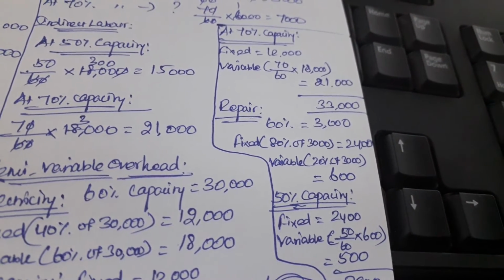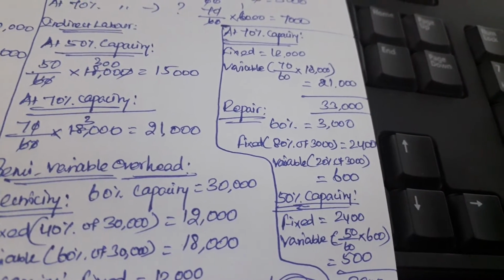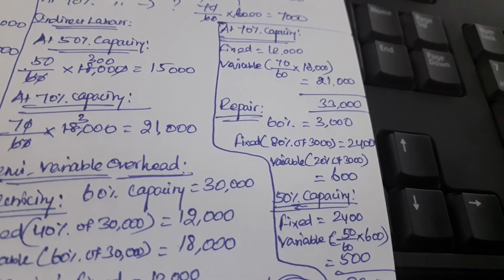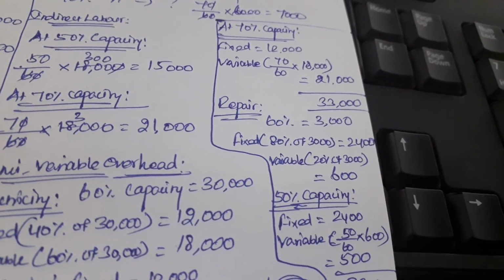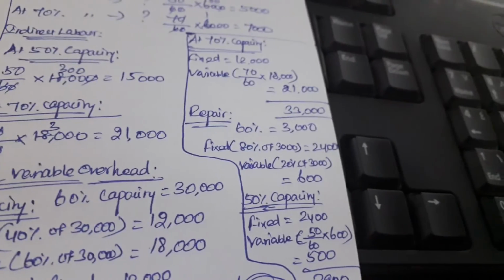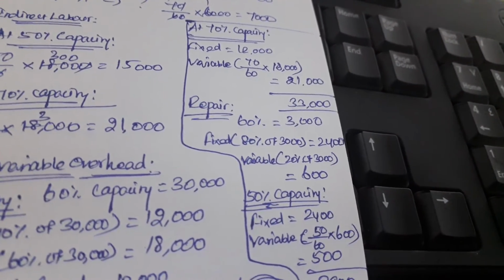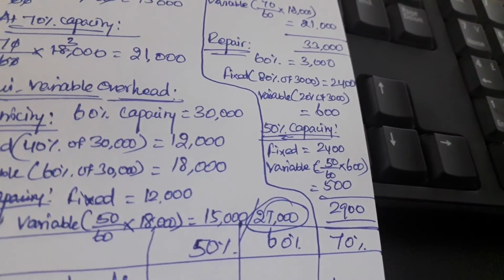First we calculate the fixed overheads: 80% of 3,000 is 2,400, and 20% of 3,000 is 600. On that basis we calculate 50% and 70% capacity.